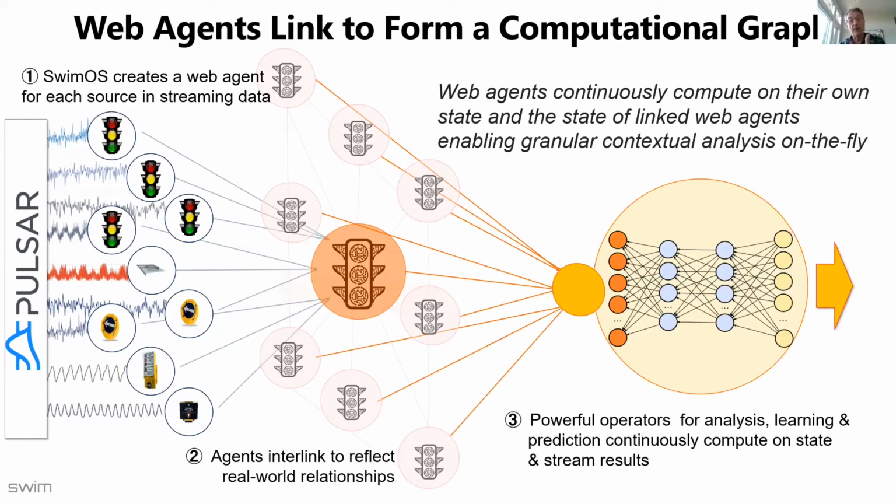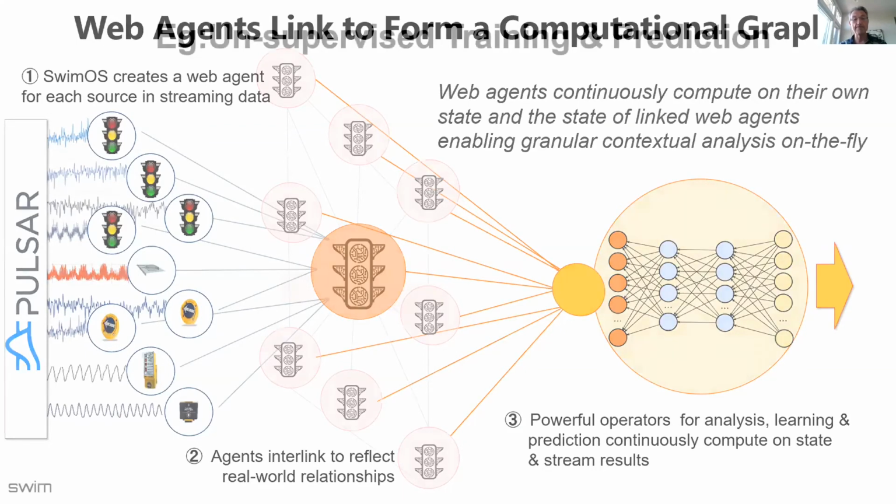You have all of the power of these operators, which can give you real-time analysis. By the way, all of this is without touching a hard disk. It's all sitting in memory, and so it's proceeding at flat CPU memory speed.